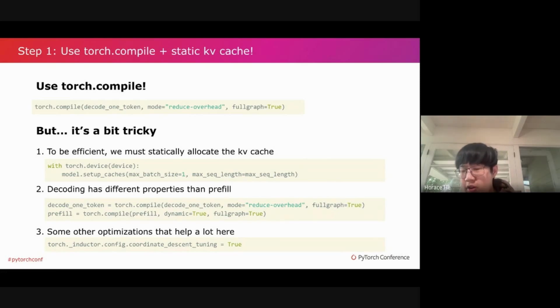That's also the order in which you should optimize. The first thing you should do is take a look at your profile and see if you're overhead bound. If you are, that's the first thing you need to resolve. No other optimization will help before you resolve your overhead issue. After that, you can take a look at the memory bandwidth things, which is a bit harder and more involved.